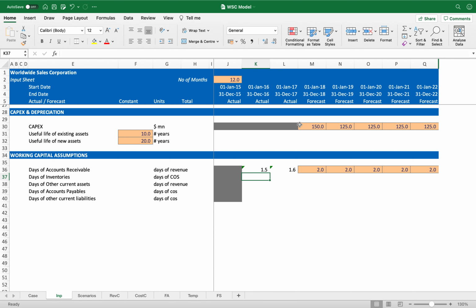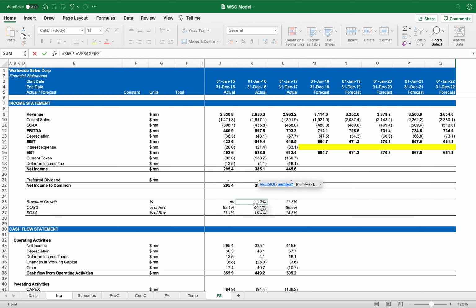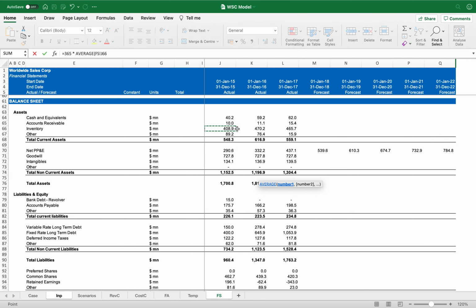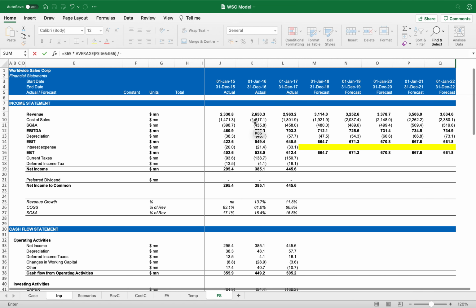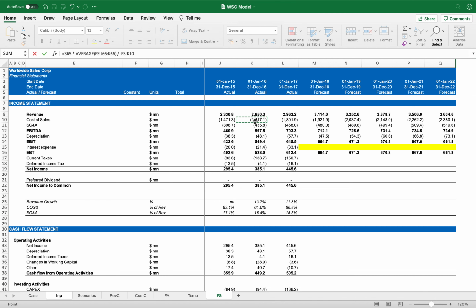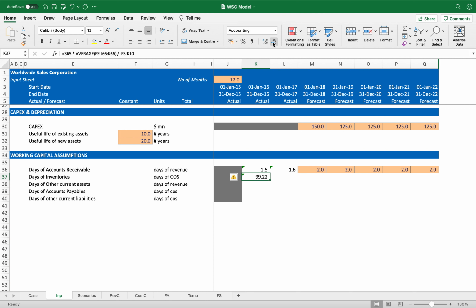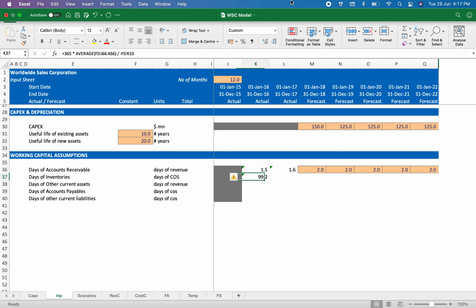Inventories, same way, 365 multiplied by average inventories this time. Average inventories. Now, where are inventories? Here it is. So, average inventories divided by cost of sales this time. So, put a minus and then link cost of sales. 99 days.